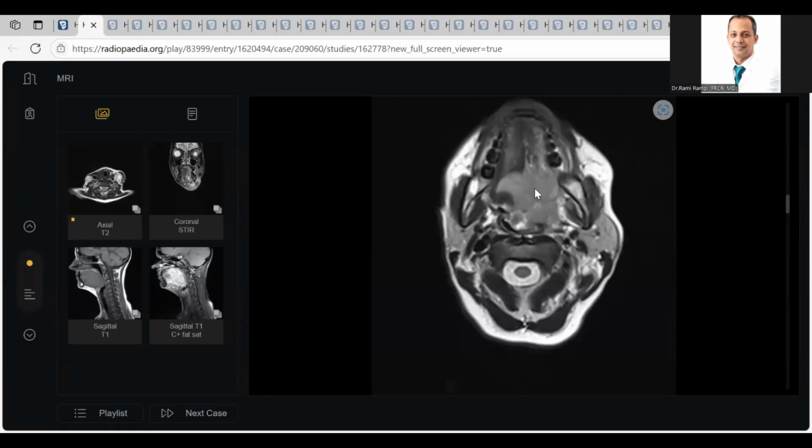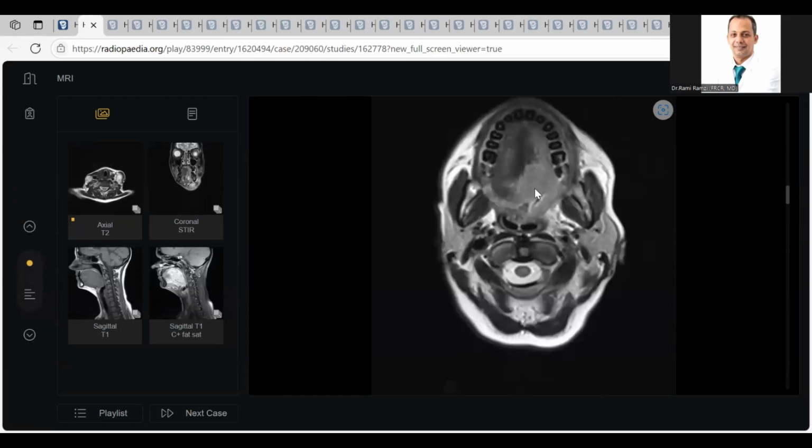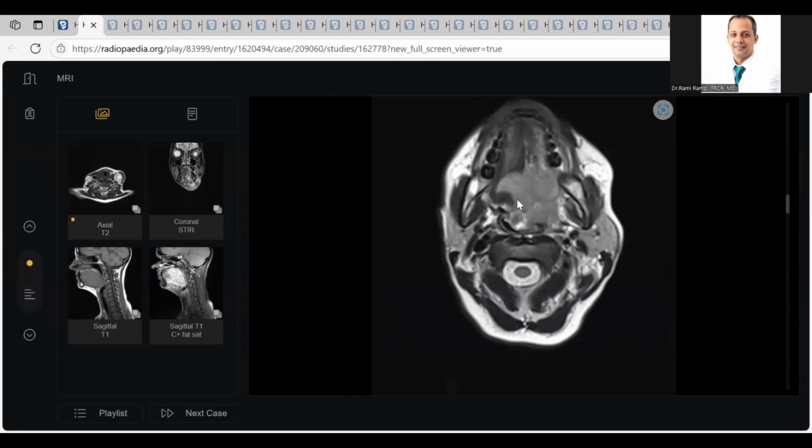The first important note for you, doctor: this is past the median raphe of the tongue, to the contralateral side. It will change the surgical decision from partial glossectomy to hemiglossectomy or total.